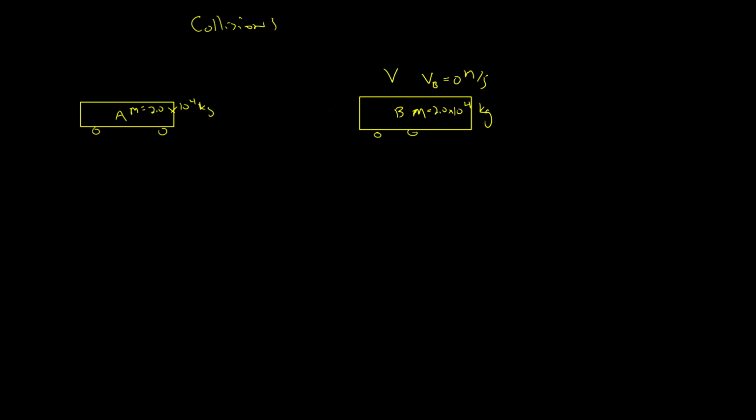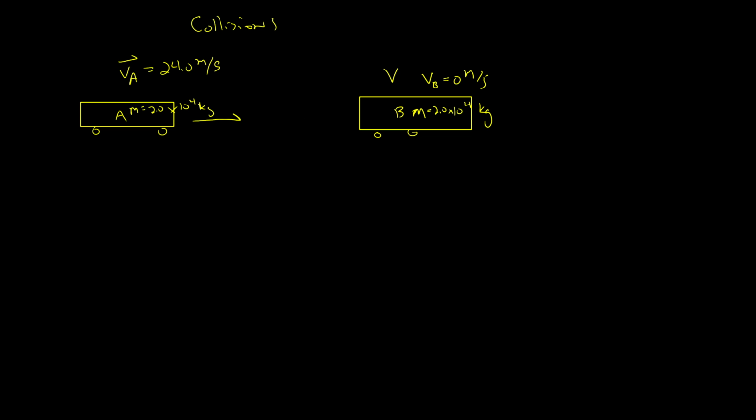It is not moving. This one, car A, is moving in this direction at 24 meters per second. So VA is 24 meters per second, and this will be the positive direction.